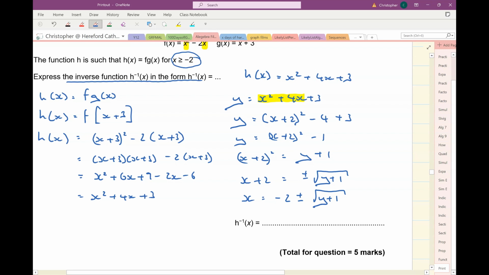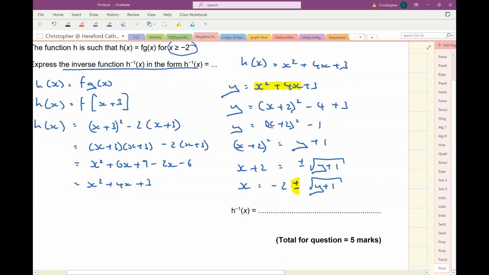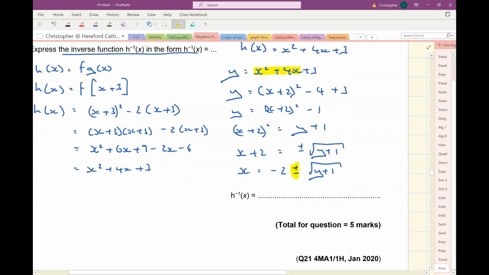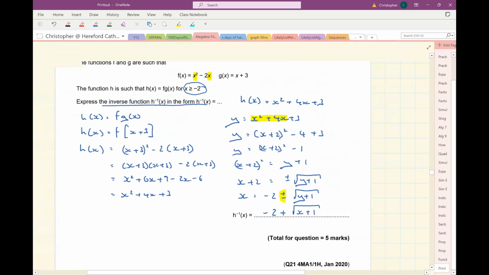So it must be minus 2 plus something, mustn't it? So there's actually only one answer that is possible here, and that is going to be minus 2 plus the square root of x plus 1. And that is question 10 done.